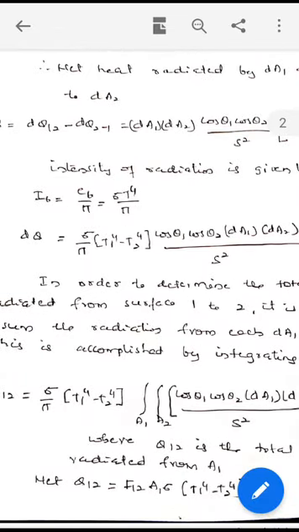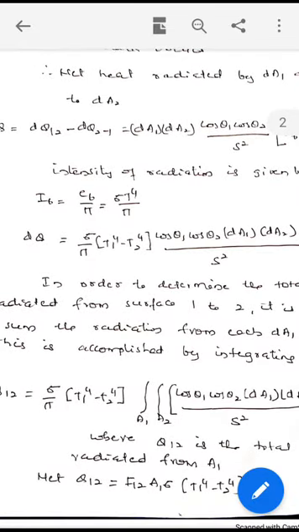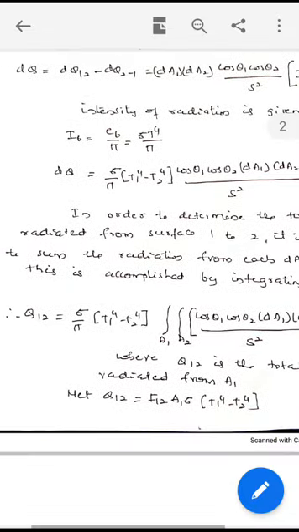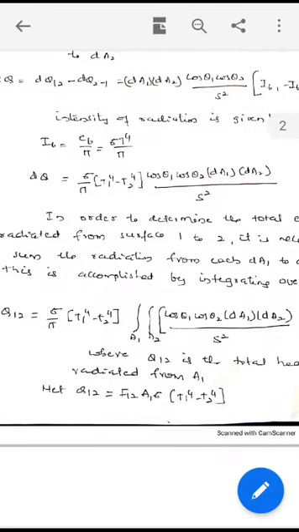So this is the small amount of energy exchanged between dA1 and dA2, which are small parts of 1 and 2. The total energy exchanged between 1 and 2 is obtained by integrating this dQ over the areas A1 and A2. So Q12, the total energy exchanged between 1 and 2, on integrating this equation, is sigma by pi times T1 raised to 4 minus T2 raised to 4 times the integration of cos theta 1 cos theta 2 dA1 dA2 by S square.